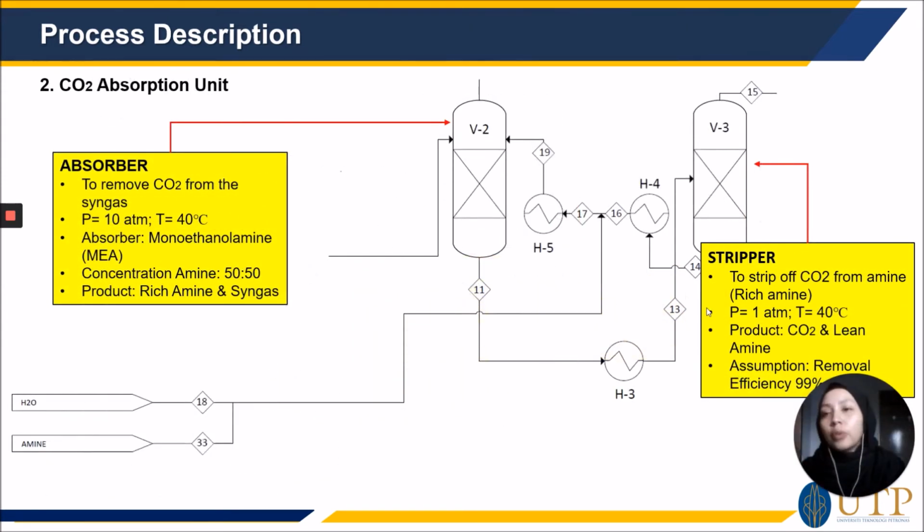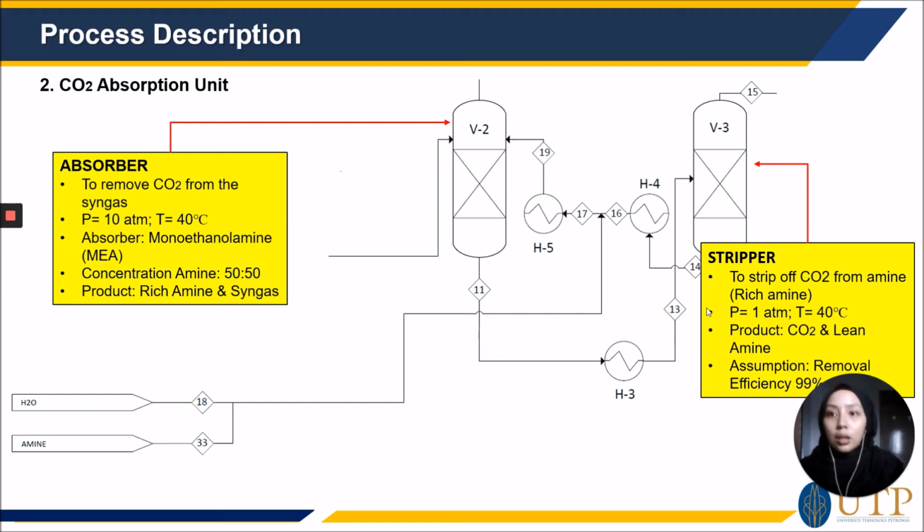Thank you. Second one is carbon dioxide absorption unit. It consists of absorber and also stripper. The absorber is to remove carbon dioxide from the syngas, where the operating condition of the absorber is pressure 10 atm and temperature 40 degrees Celsius.